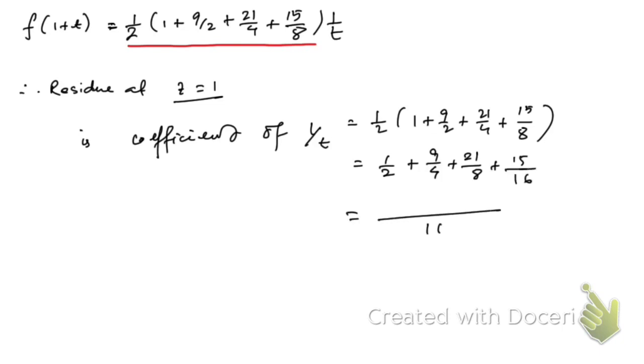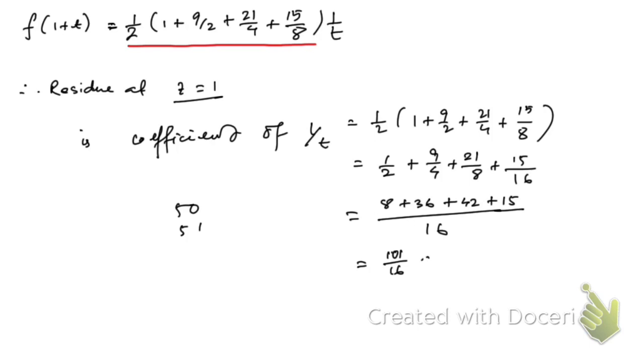Taking LCM, we're going to get 16 here, then it's going to be 8, then it should be 36, right? Then here 2 times 8 is 16, so that's why 42, and this is going to be 15, right? If you add all this, 42 plus 8 is 50, and 36 plus 15 is 51, so 101 by 16.